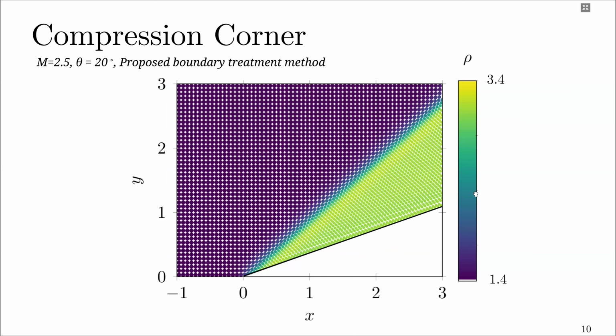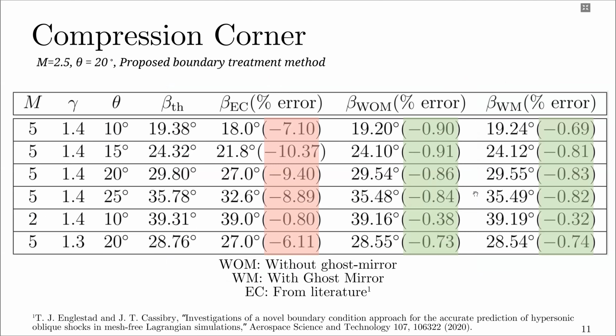Literature is really scarce for these kinds of problems, but we were able to find one work which used some Lennard-Jones-like repulsion to move the particles away from the boundary. We compare their shock angle error, where beta is the shock angle, with ours, and we are consistently below 1% error, much better than theirs.